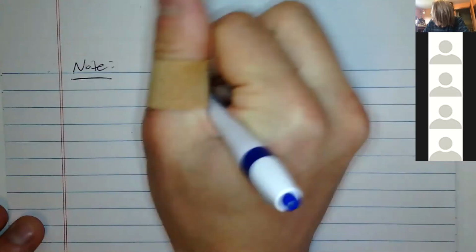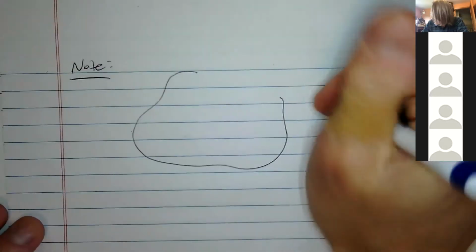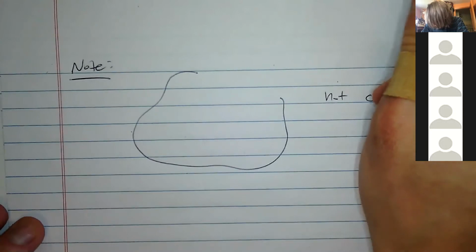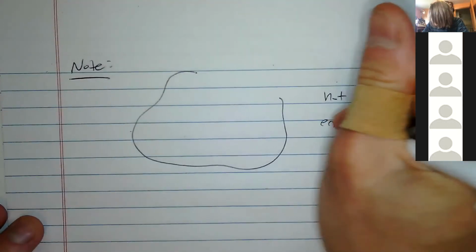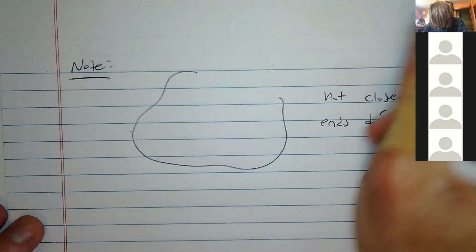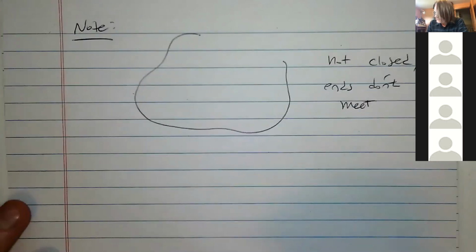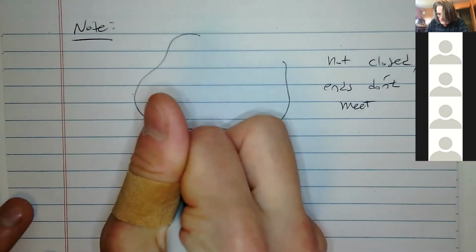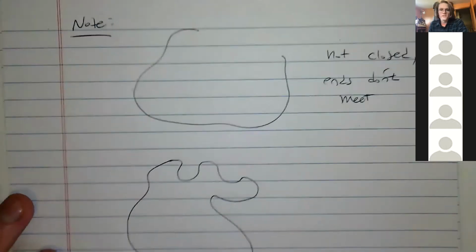So if I have something like this, this is not closed, right? Because the ends don't meet. Right? Now, on the other hand, if I have something like this, this is closed.